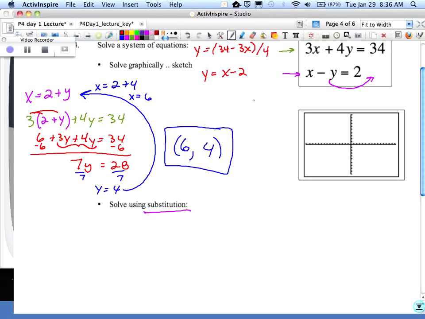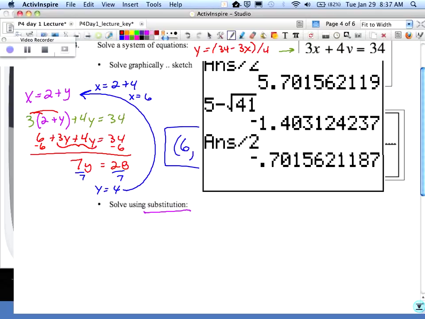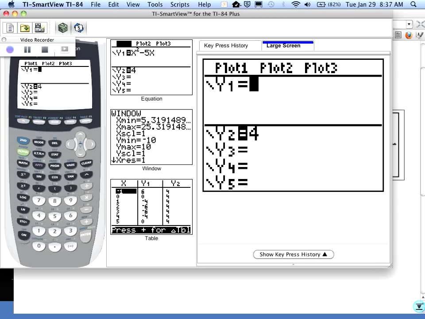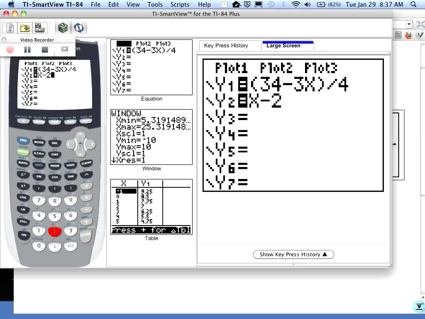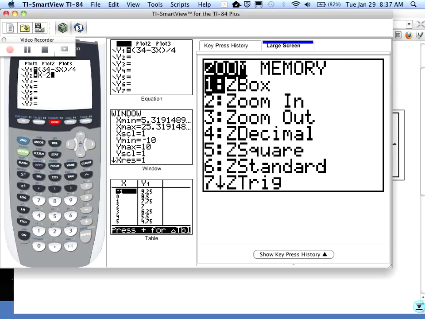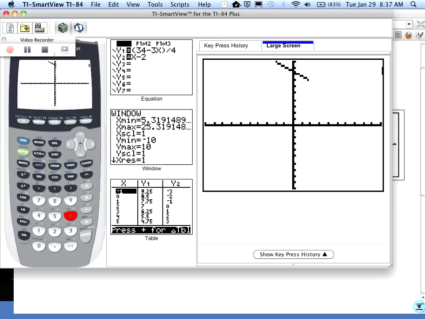Parentheses, 34 minus 3x, divided by 4, and x minus 2. I have to redo my window, zoom 6. So you can sketch that graph in the box provided. Second trace to calculate the intersection, number 5, enter, enter, enter. 6, 4.